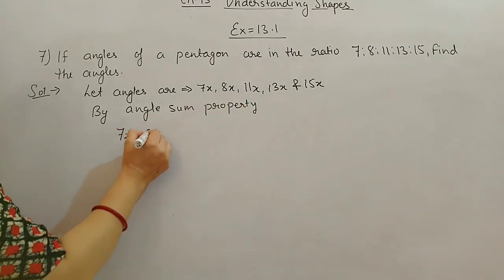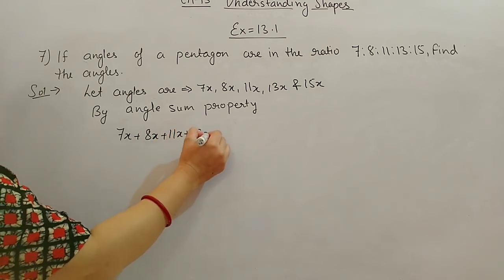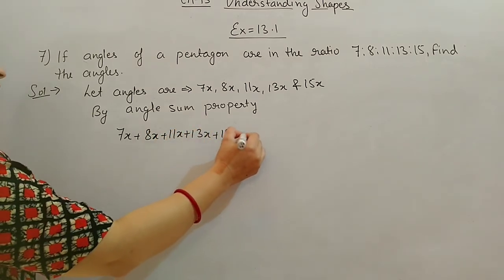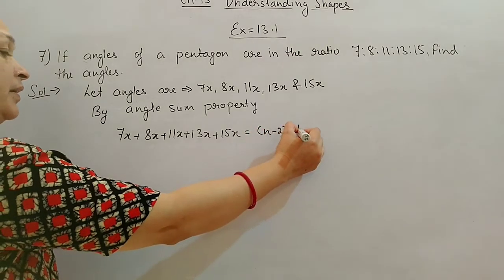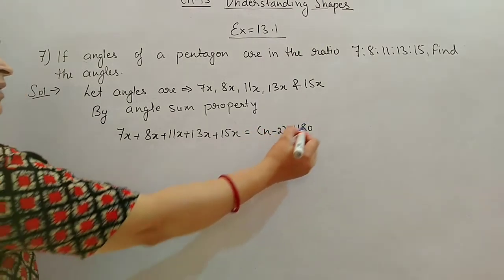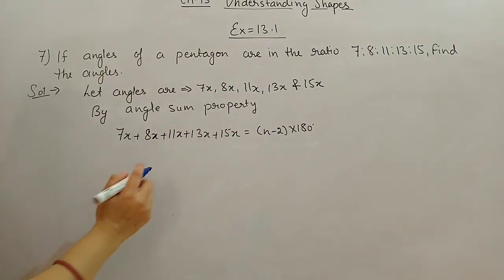7x plus 8x plus 11x plus 13x plus 15x is equal to (n minus 2) into 180 degree. So here n is 5 because we are talking about a pentagon. 5 angles are there.